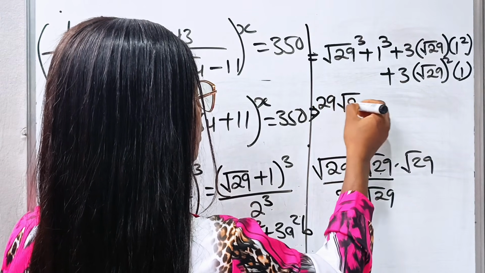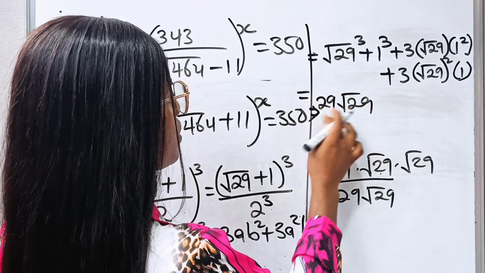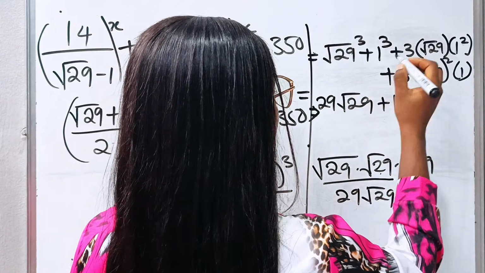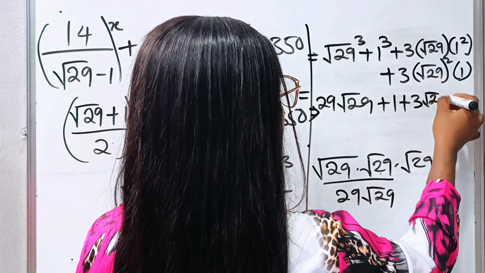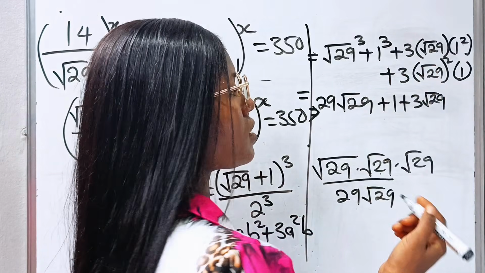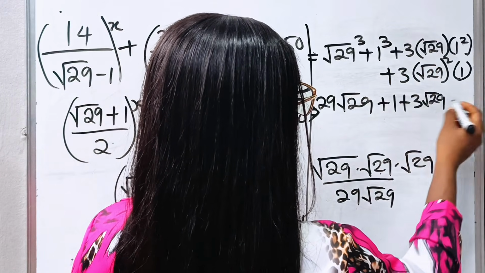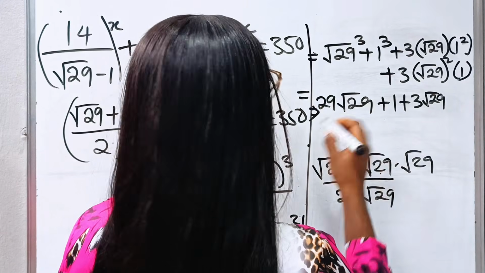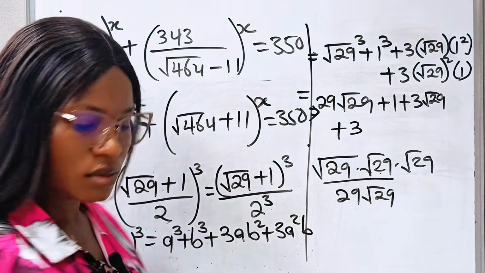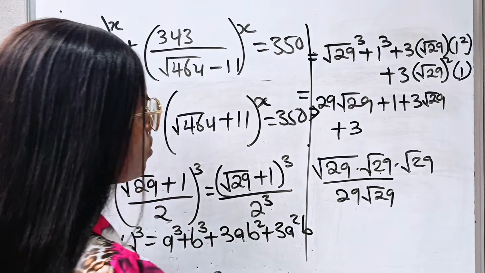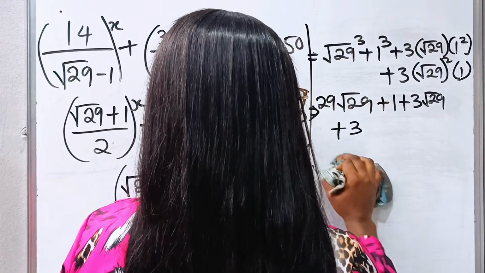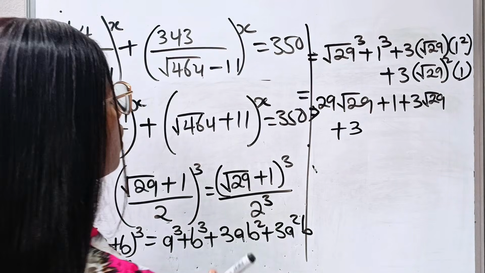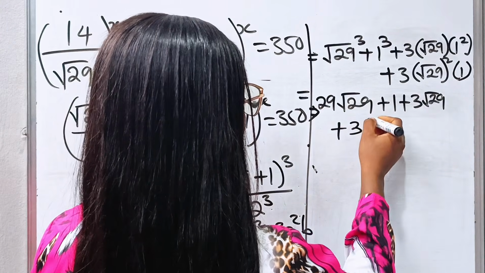So I will now write 29 root 29. This is equal to 29 root 29 plus 1 plus 3 root 29, because 1 squared is still 1, then plus 3 brackets.